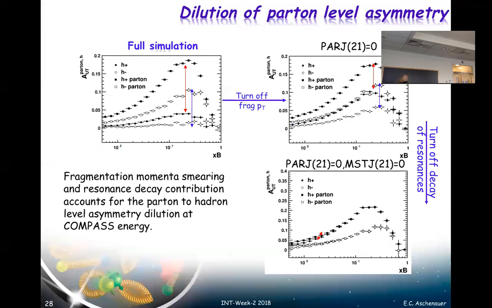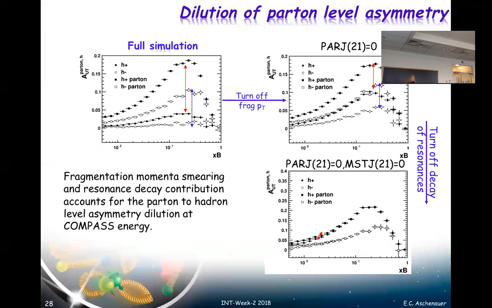You get an enormous smearing from the parton level kinematics to what you see in your experiment. And that can be as big as a factor of 5 for the COMPASS kinematics, depending on whether it's a pi plus or a pi minus.